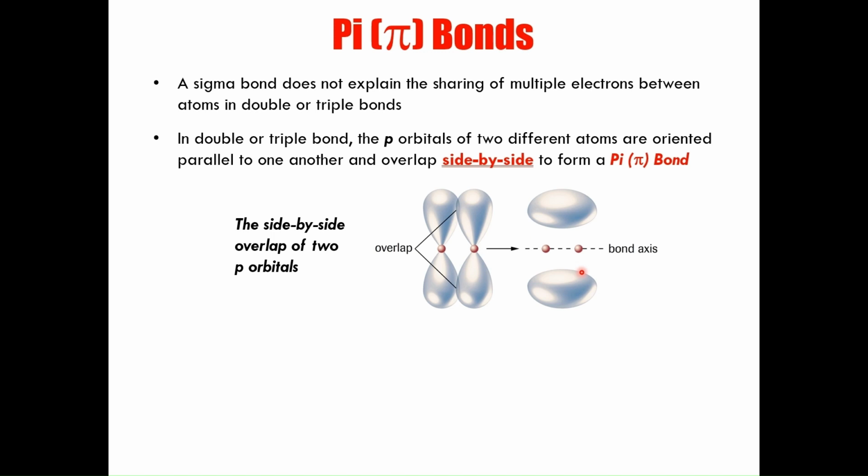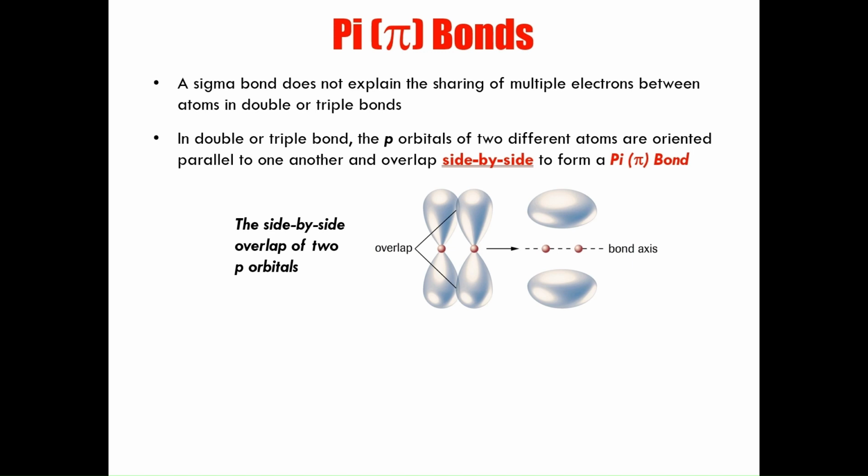Now, it's incredibly important to note that this type of overlap only occurs after two atoms have already shared a pair of electrons together through the use of a sigma bond that is along the bond axis between the two atomic nuclei. This type of bond is only used to facilitate the sharing of an additional pair of electrons between two atoms, and so it is through the use of pi bonds that atoms are capable of forming double or triple bonds with each other.